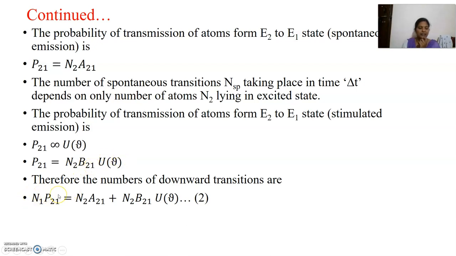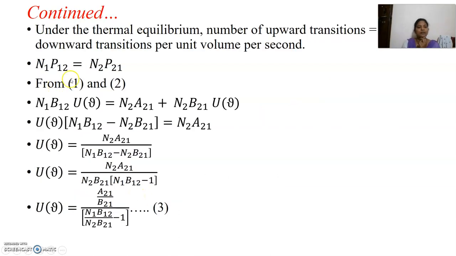So at equilibrium condition, absorption will be equal to emission. This is the equation for absorption, this is for spontaneous emission and this is stimulated emission. We equate these to get equation number 2. After equating, rearrange the terms, take the common term U of nu, and again take the common B21 and N2 from the numerator and denominator.